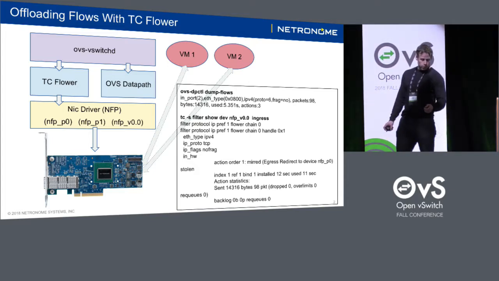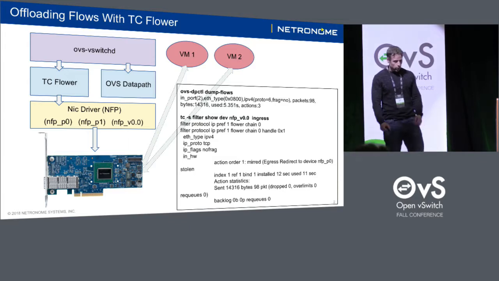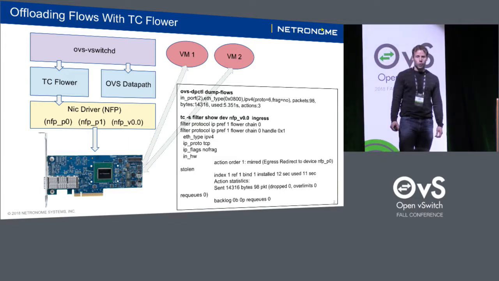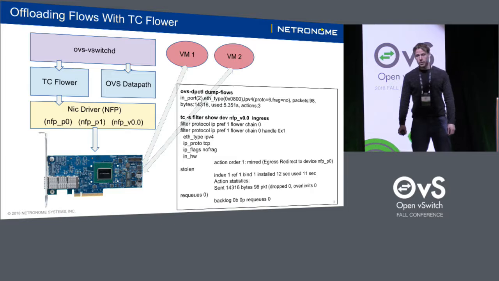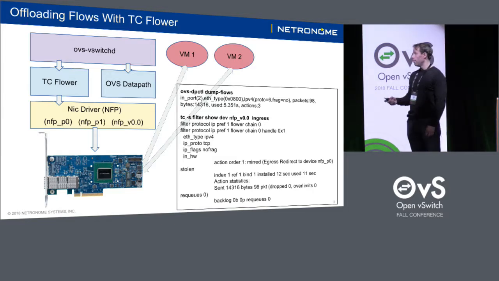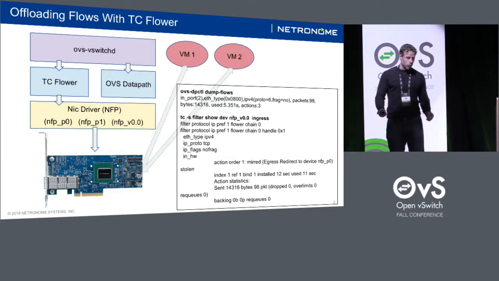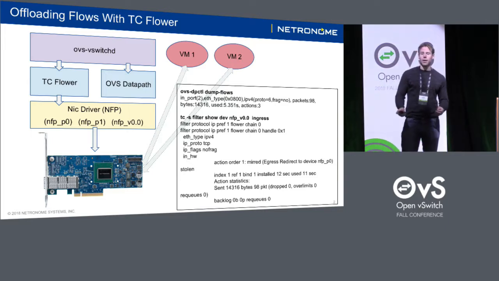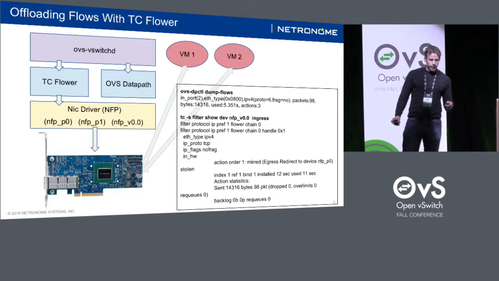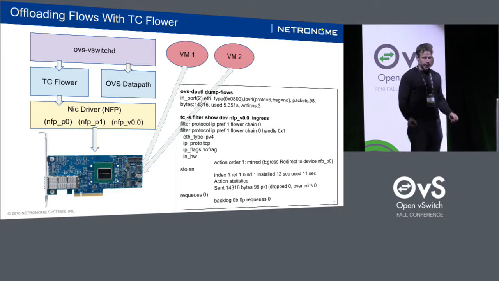We'll have an example of an OVS kernel rule and a TC flower rule. It's effectively the same rule. If you look at the syntax, we'll not go into it, but really the only difference is that the OVS kernel rule actually matches on a port. The TC flower rule is applied to a port, but effectively we get the same outcome.